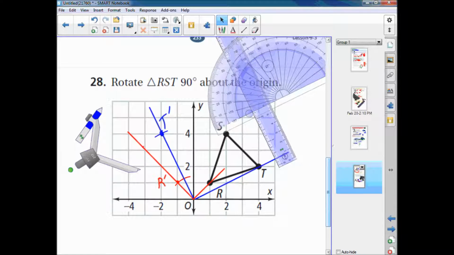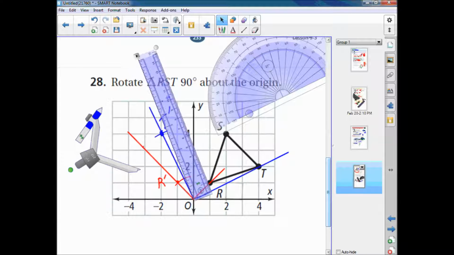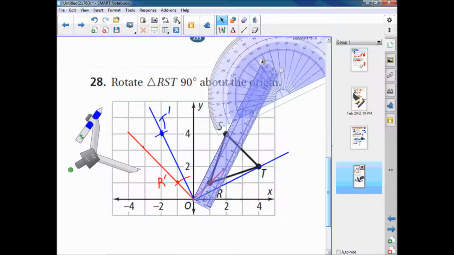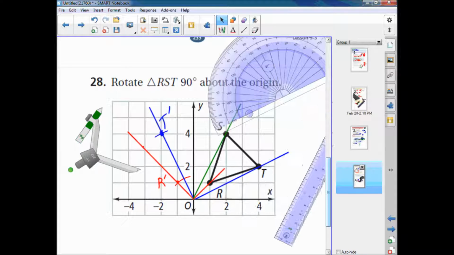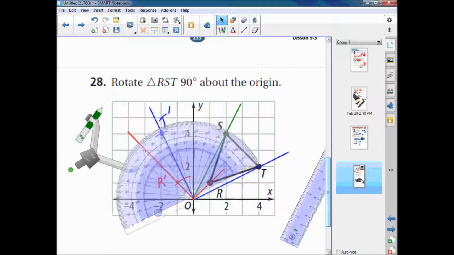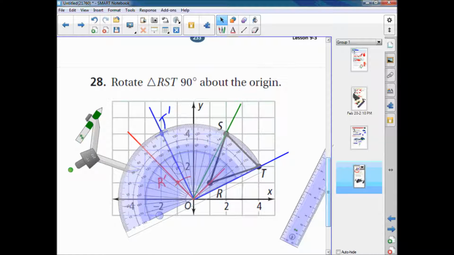So we get our straight edge, line it up with the center of rotation and S, and I'll do this one in green. All right, so we're done with our straight edge. We can get that out of the way. We take our protractor for the last time and measure out our 90-degree angle.